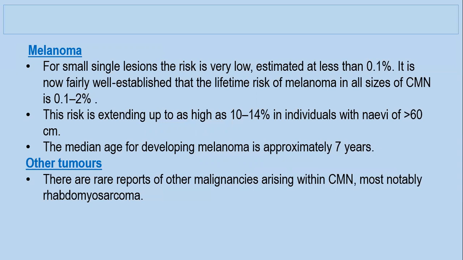This risk extends as high as 10 to 14% in individuals with nevi of more than 60 centimeters in diameter. The median age of developing melanoma is approximately 7 years. There are rare reports of other malignancies arising in CMN, most notably rhabdomyosarcoma.